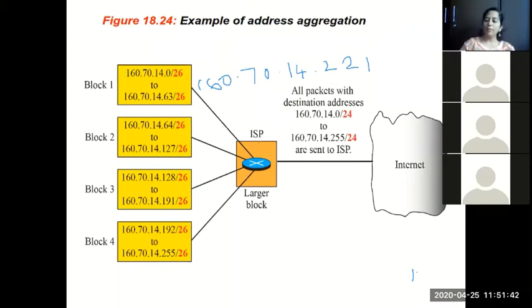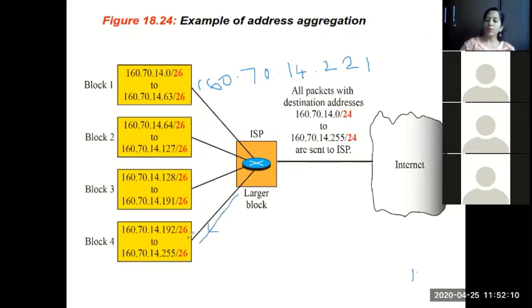From the outside world, the packet will simply come and sit in this router, which is present with the internet service provider. It has been routed to this ISP, and now this router will separate it out and pass on the packet with this destination address to the right block.